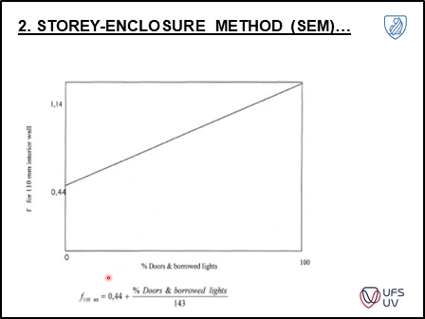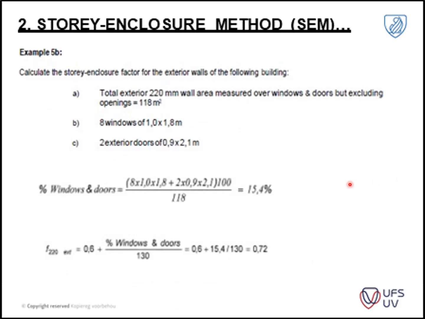And then for your interior walls, you usually have a 0.44 plus the percentage doors and borrowed lights divided by 143. Okay, so it's three factors that we can actually improve that we're going to look at in this module: your surface bed factor, your 220mm wall factor, and your interior wall factor as well.